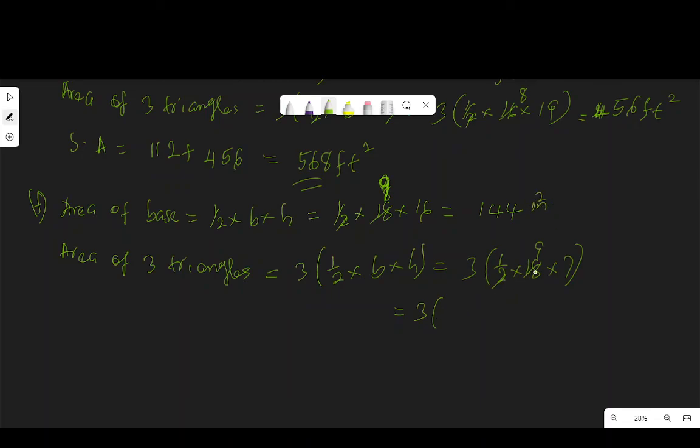Okay, now back to this one. 9 times 7 times 3. 9 times 7 is 63, 9 times 3 is 189. 189 inches square.